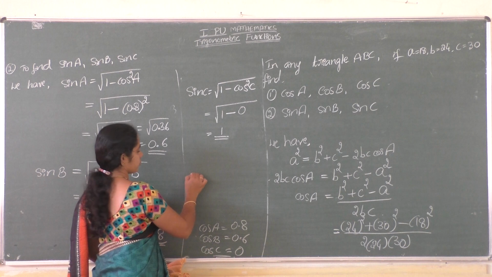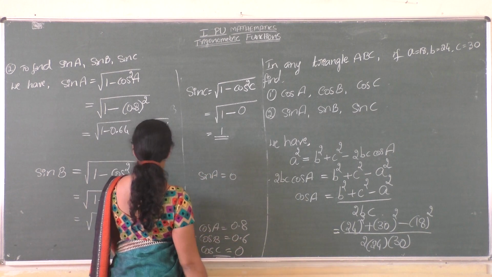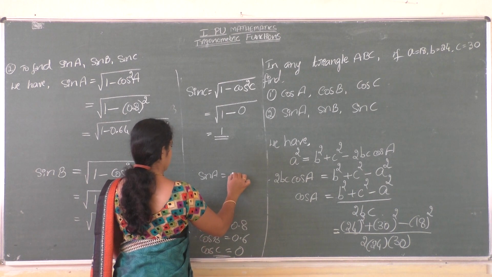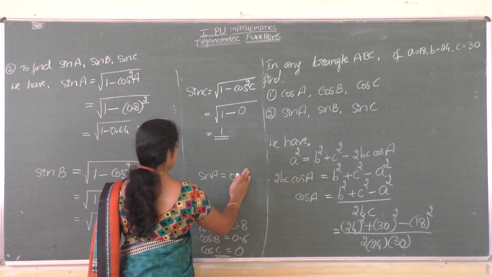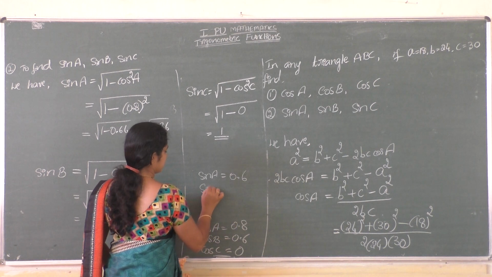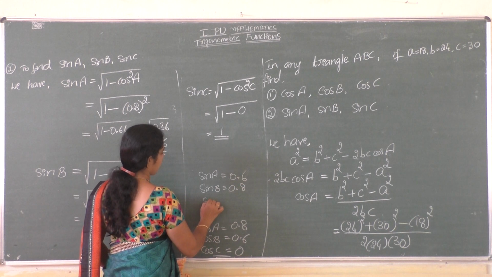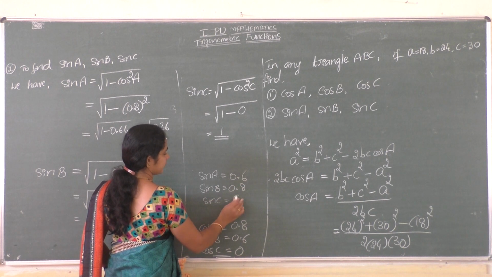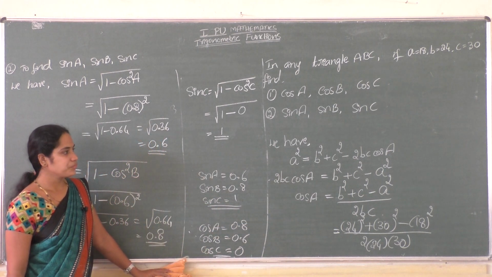Therefore sin A is 0.6, sin B is 0.8, sin C is 1.